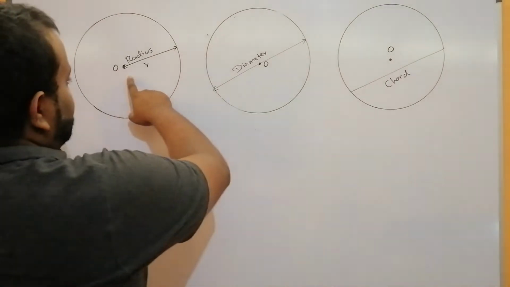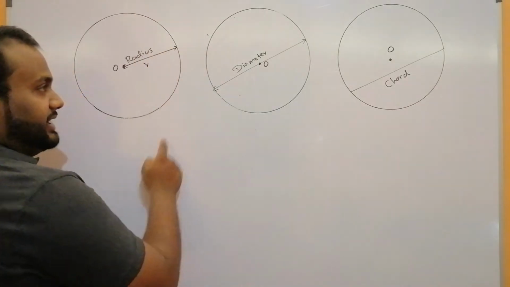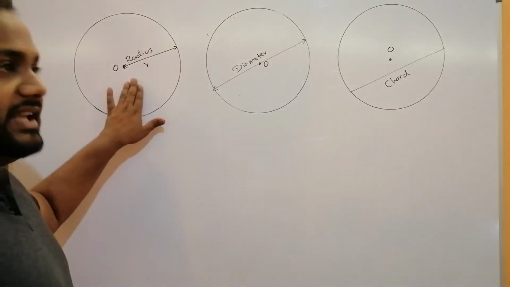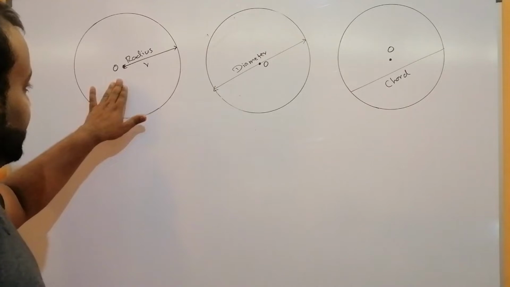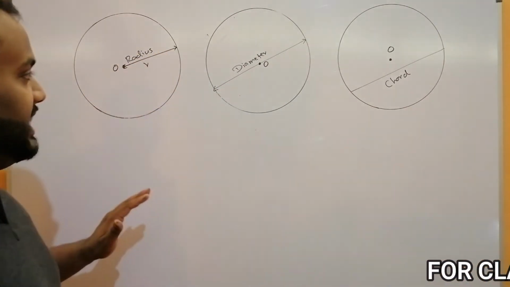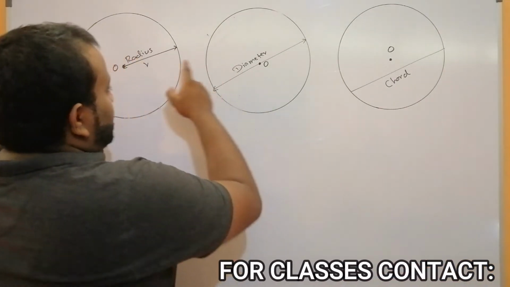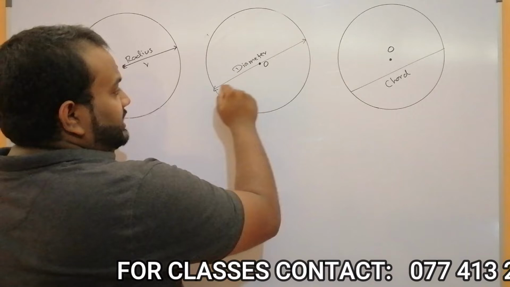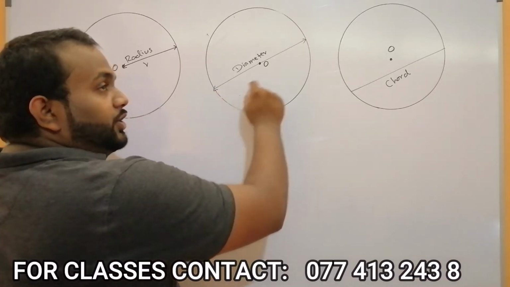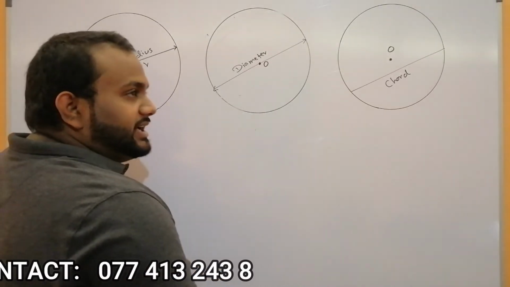From the center, if we draw a line to the outline of the circle, this is known as the radius. Now look at this. The diameter is a line which is drawn through the center, touching 2 points of the circle.